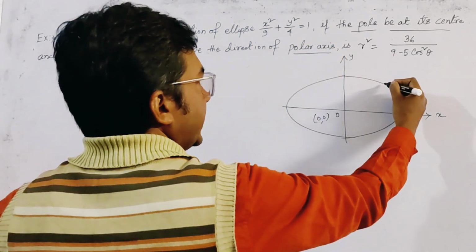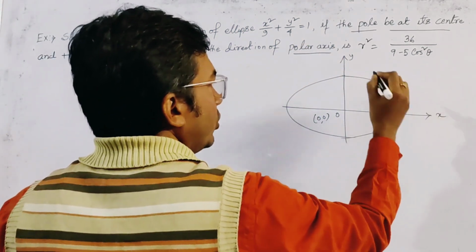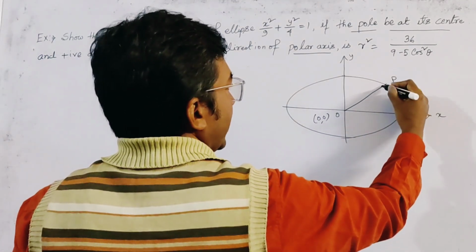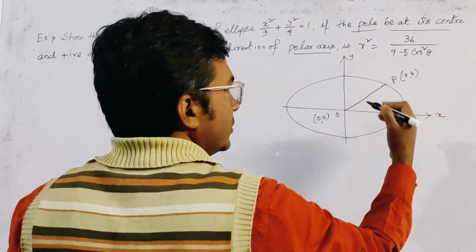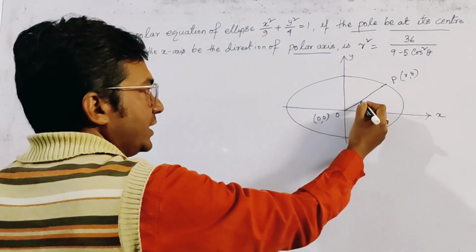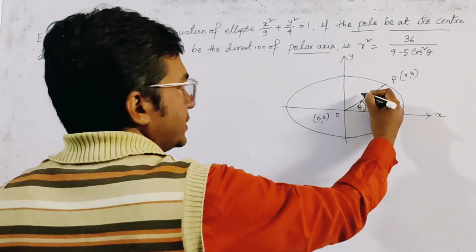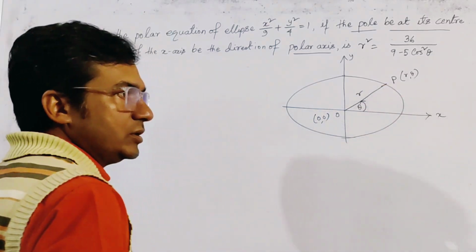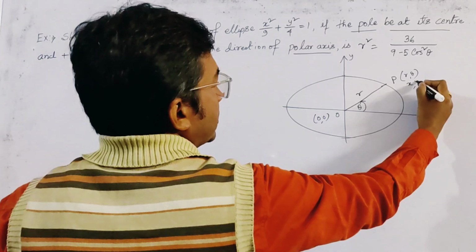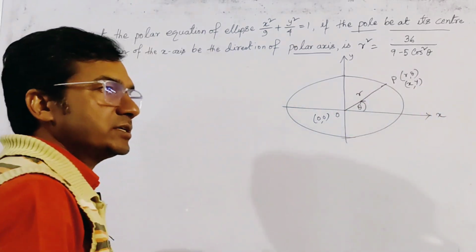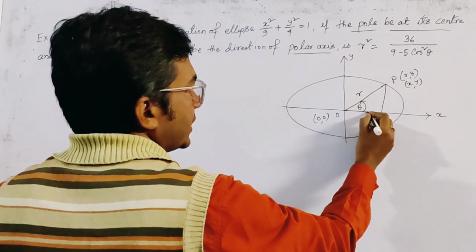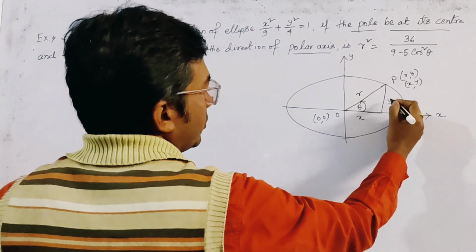So if we take any point P on the ellipse, then we can take this point with coordinates r, theta, where theta is given by this. This is the anti-clockwise rotation, and OP is r, okay? And clearly, if we take this point in Cartesian coordinates as x, y, then this is given by x and this is given by y.